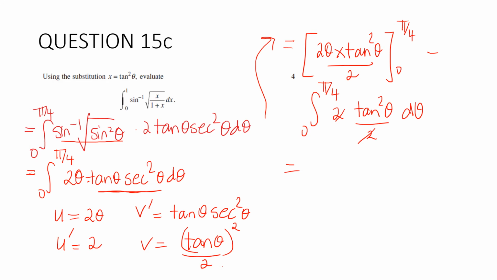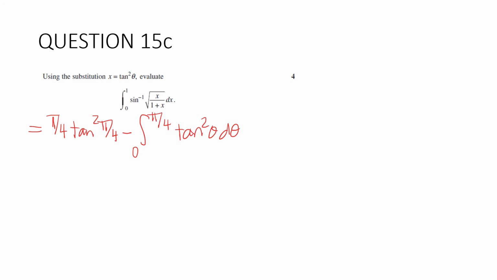Equals, cancel, we've got pi on 4 tan squared pi on 4, take away, when I substitute this 0 in here, I'm going to get 0, take away the integral between 0 and pi on 4 of tan squared theta d theta. This question just goes on and on, doesn't it? Which is equal to pi on 4, take away the integral between 0 and pi on 4.